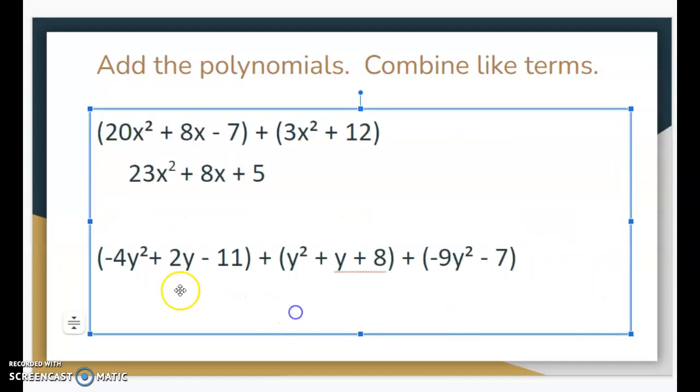Here, I've got a negative 4y squared, a 1y squared, and a negative 9y squared. So my y squareds are like terms. So negative 4 plus 1 is negative 3, plus a negative 9 is a negative 12. Negative 12y squared.